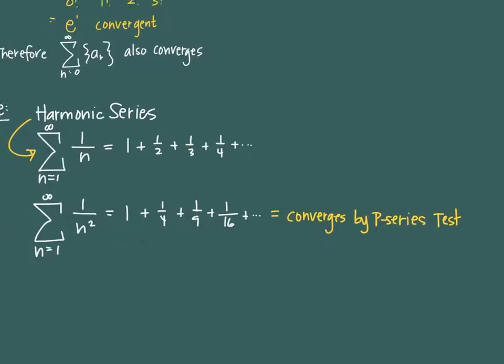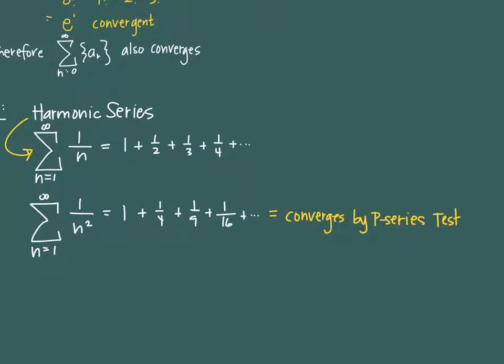All right, well, what do we do with the harmonic one when the power is 1? It is divergent. It is a special series. We can't compare these two, because the first one is not smaller than the other one.